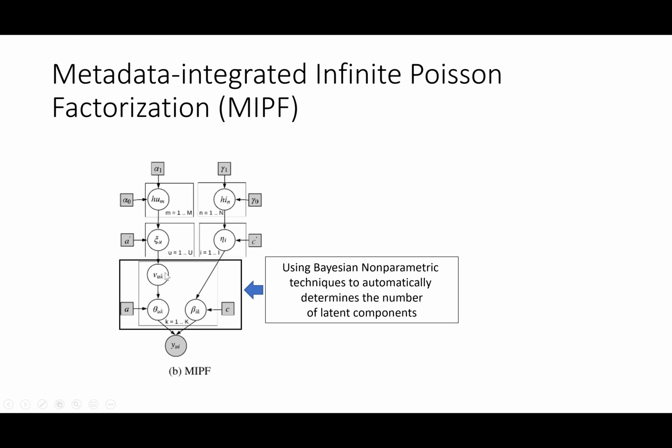What we do is incorporate an extra auxiliary variable between the user preference and behavior, and we incorporate a non-parametric Bayesian approach to optimize and automatically determine the k. So by incorporating this auxiliary variable and a non-parametric Bayesian technique, we determine the k automatically.